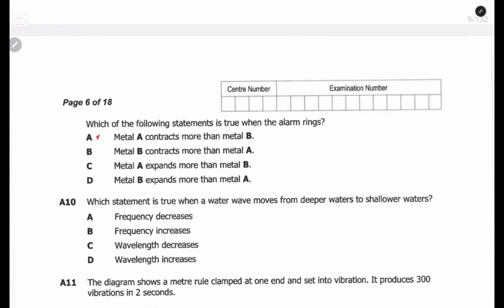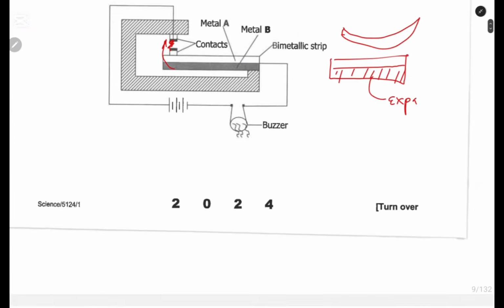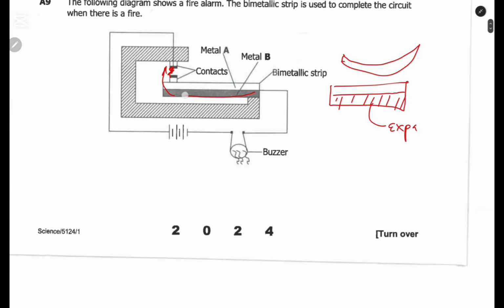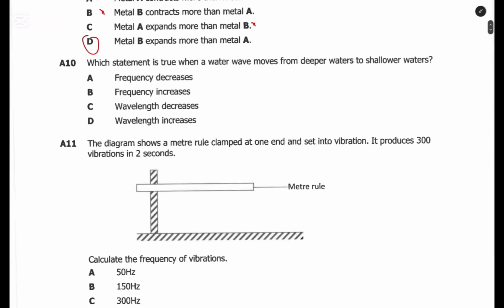Metal B contracts more than metal A. Metal A expands more than metal B. We know that metal B expands more than metal A. So the answer therefore is D. When it expands, it is going to curve that way, and of course it will touch there, causing the alarm to ring.